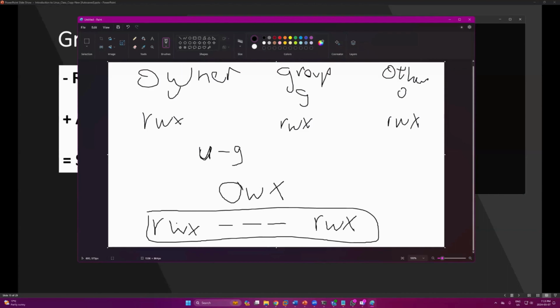The group will have write and execute. Read is dash, and the other ones, what are the other ones? The other ones remain the same.